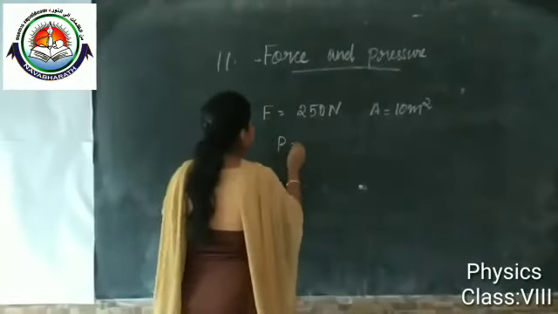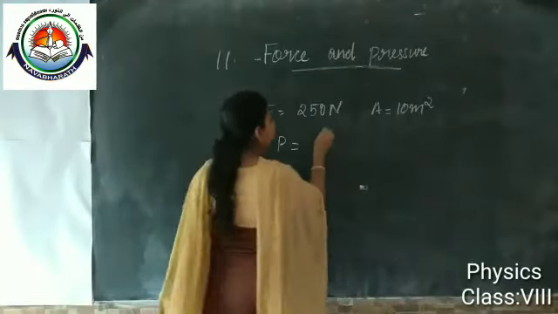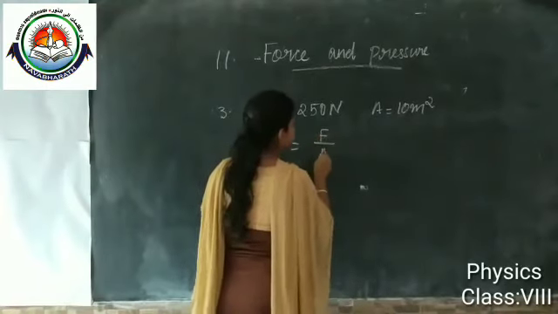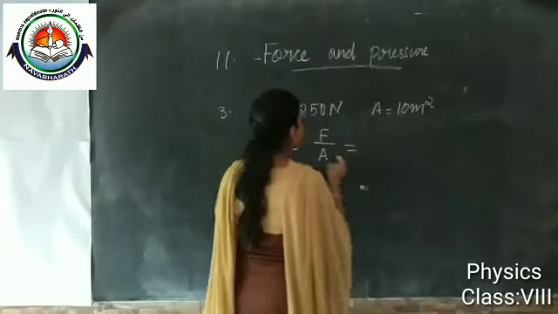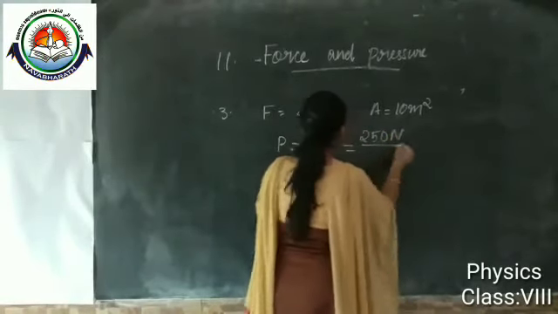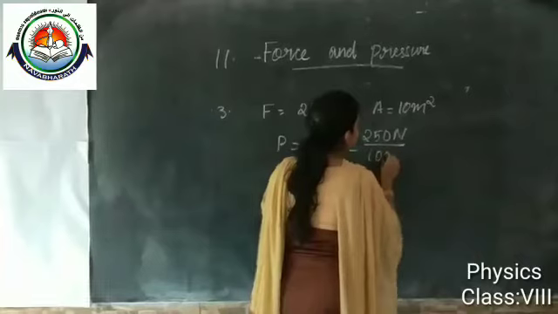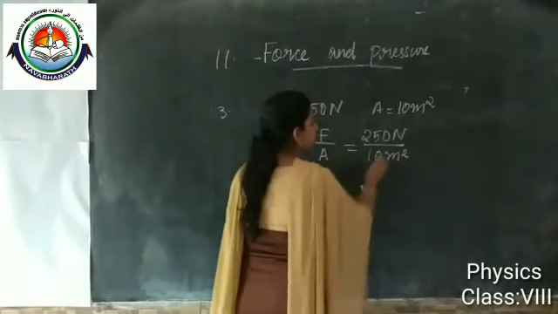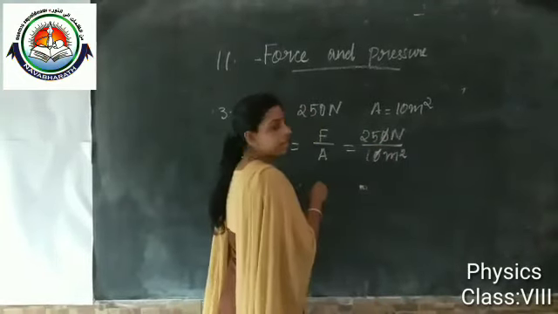Yes, pressure. Pressure is equal to force divided by area, which is equal to, what is force? 250 Newton divided by area, 10 meter square. So this 0 and this 0 we can cancel.